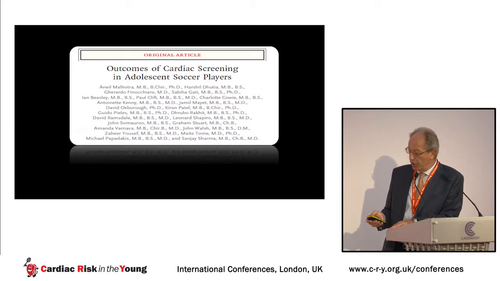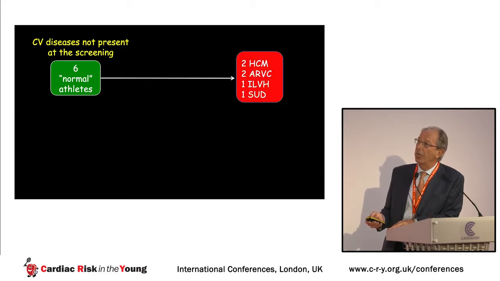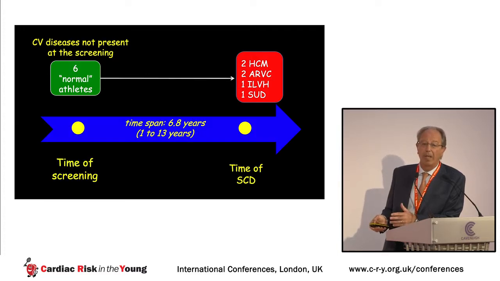And let me finish with this wonderful paper, which actually suggests that people who were adolescents and considered normal eventually, over time, developed evidence of cardiomyopathies. Why?